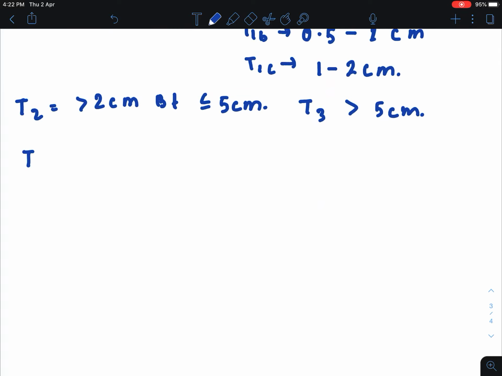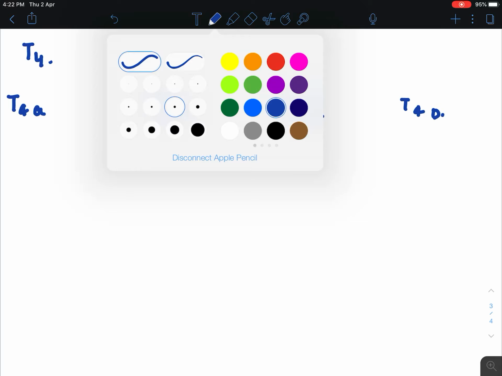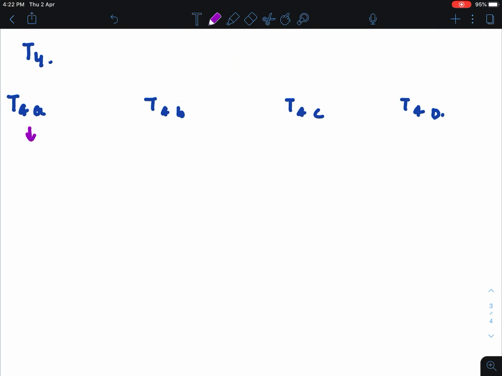And T4 is further classified into 4 types: T4A, T4B, T4C and T4D. T4A represents involvement of chest wall, means now tumor has involved the chest wall.